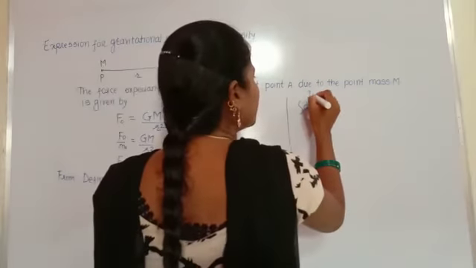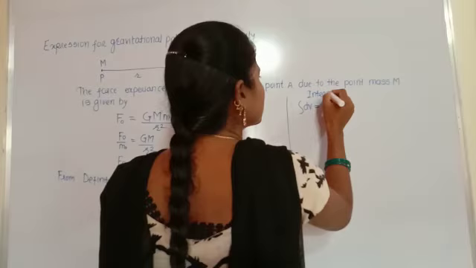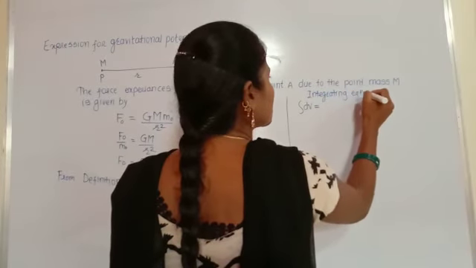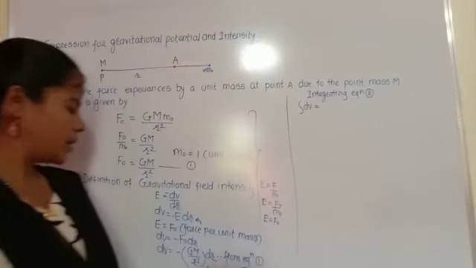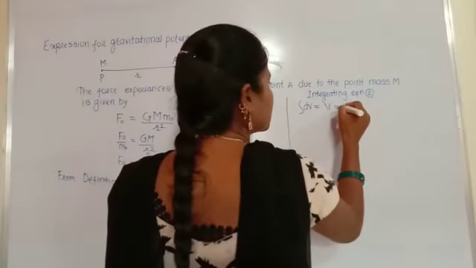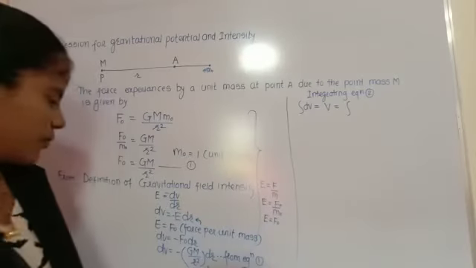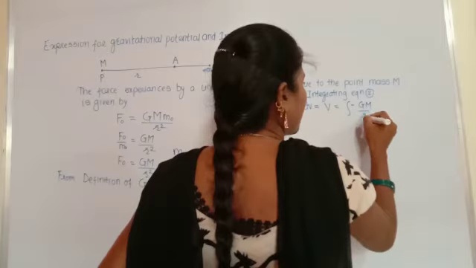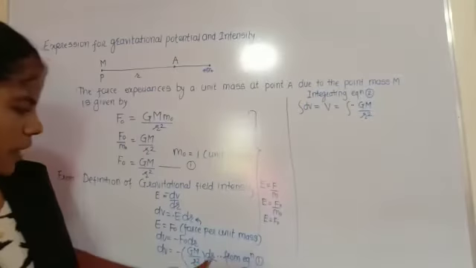Integrating equation number 2, we get the integration of dV, which is nothing but V, is equal to the integration of minus G M by r square into dr.